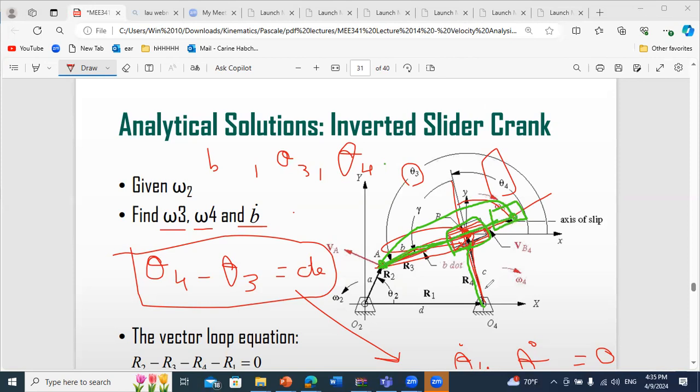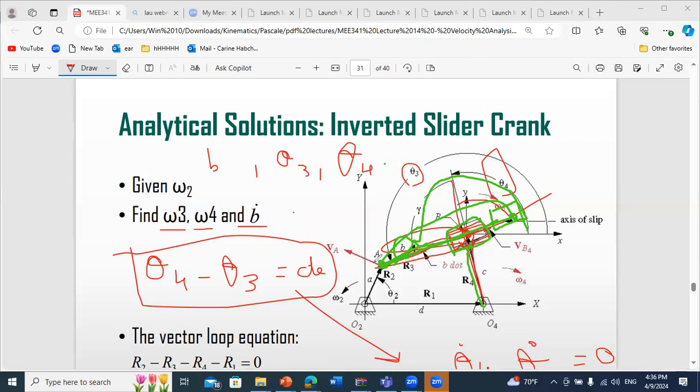Because of this, when I consider the position vector of the coupler, it will have two unknowns: a magnitude that is unknown and also an angle theta 3 that is unknown. So here, vector AB will be variable in magnitude and variable in direction.